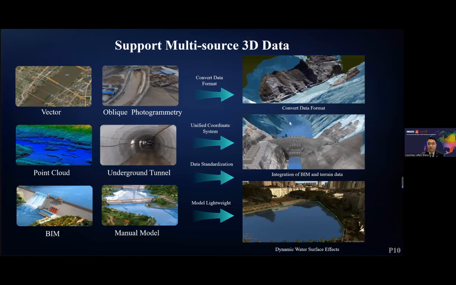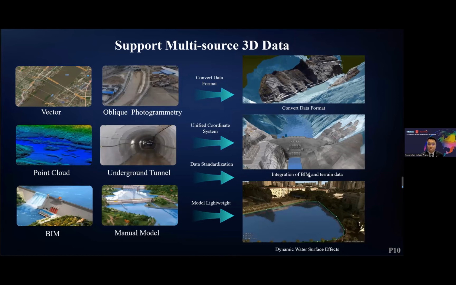So you can see from this page, these are several effects that we do the database construction based on these four technologies. This is some optical photogrammetry based on the terrain data, and also we did some integration for BIM data and terrain data.